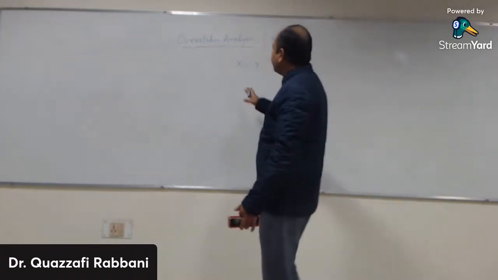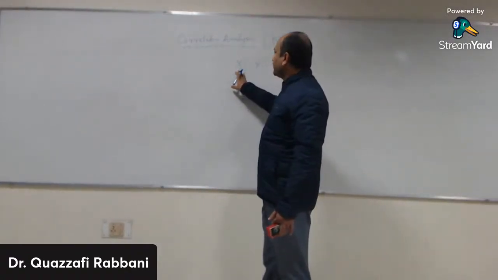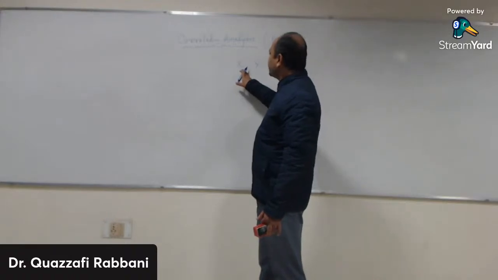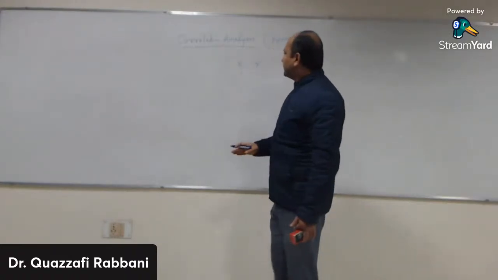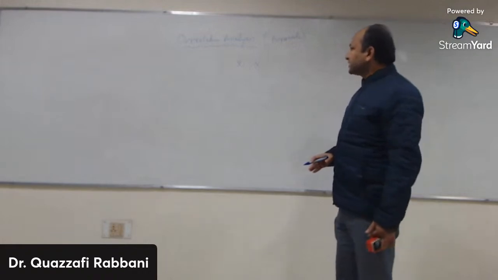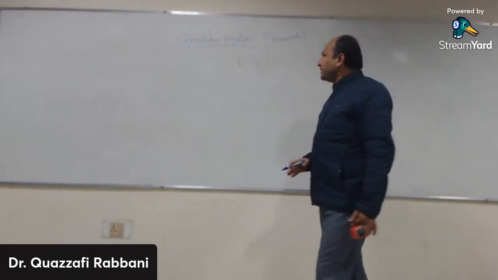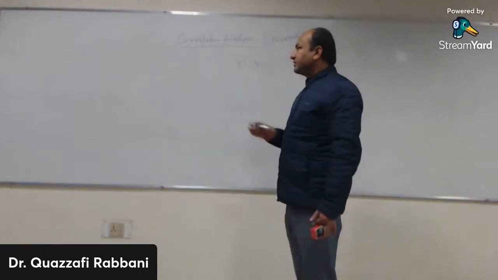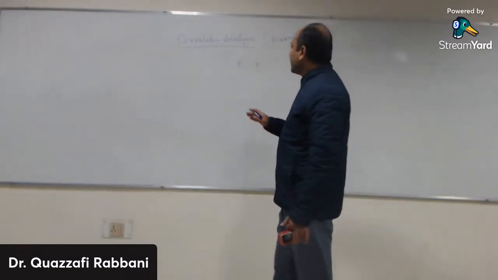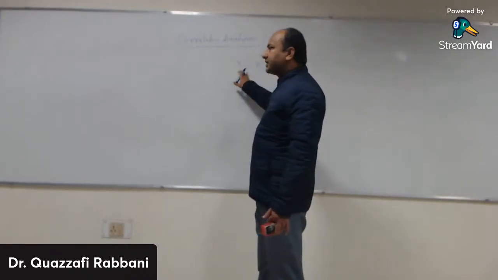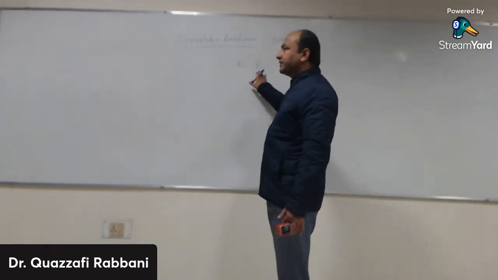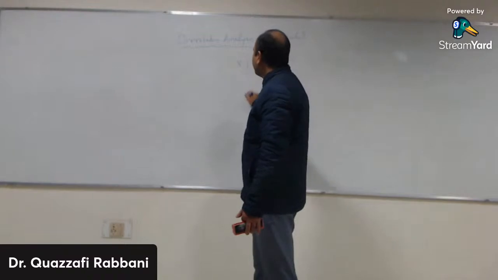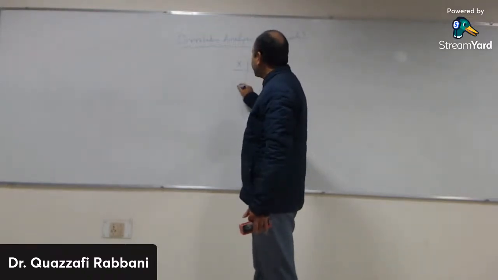But if we have many variables and want to know what type of effect the changes in one variable have on the changes in another variable, these two variables are taken as x and y, and the values of x and y are given like this.